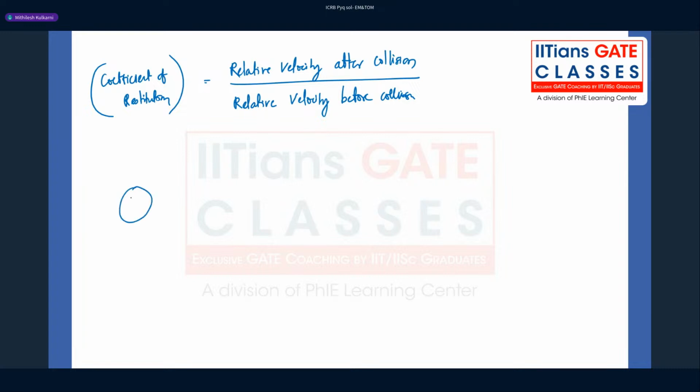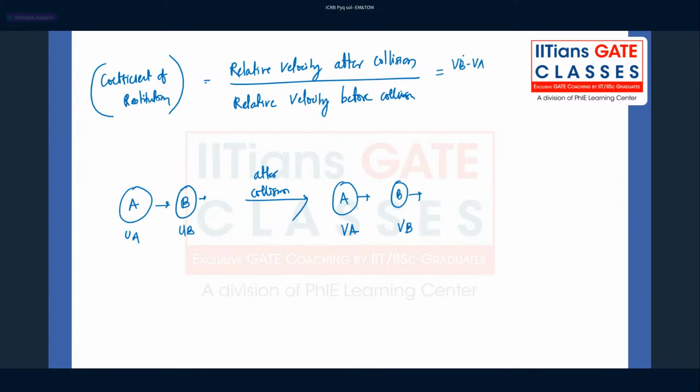So if we have two bodies A and B with initial velocities UA and UB, and after their collision the bodies A and B are moving with VA and VB, you can write it as VB minus VA, the relative velocity between them, divided by UB minus UA, or UA minus UB, whichever is bigger.